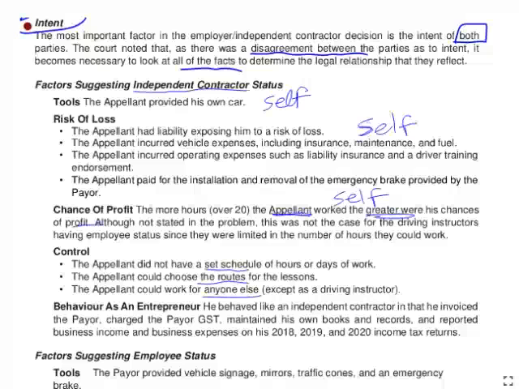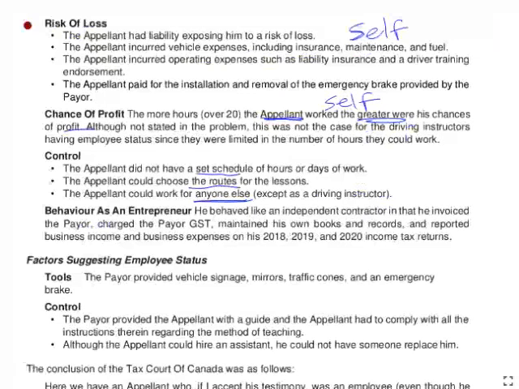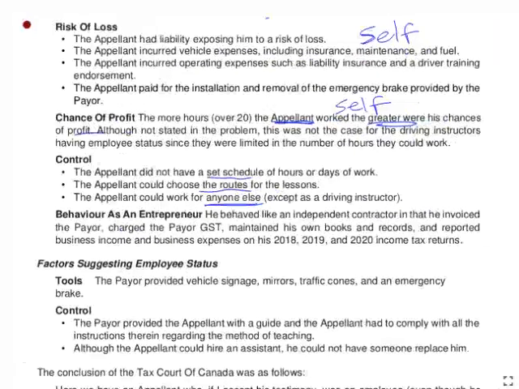The worker could work for anyone else if they wanted to, right? Except as a driving instructor. So they weren't tied, but there are some rules there. Behavior as an entrepreneur. Well, he certainly behaved like an independent contractor, right?